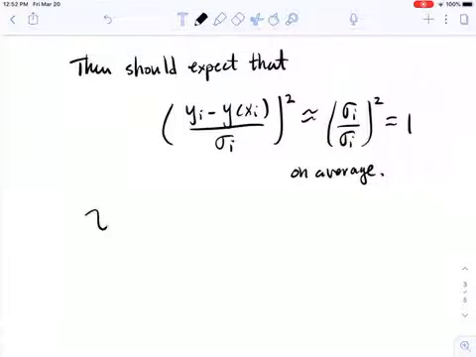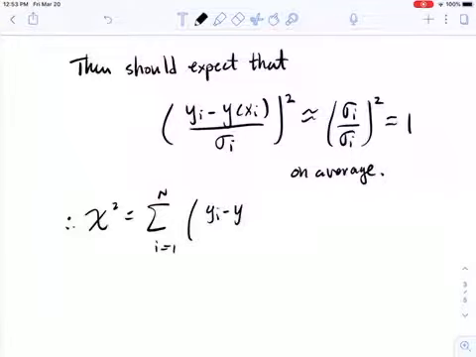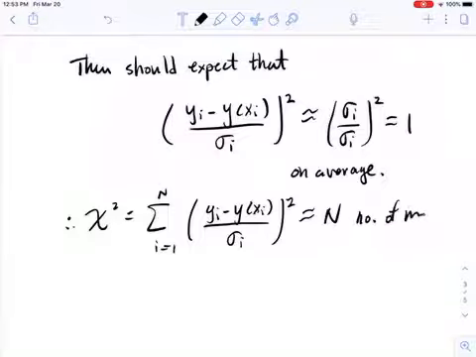Okay, so that means chi-squared, which is the sum of this quantity for all n of our measured data points, ought to end up being approximately 1 plus 1 plus 1 plus 1, n times, and we should expect chi-squared to end up being something close to n, the number of measured data points. This is the number of measurements.